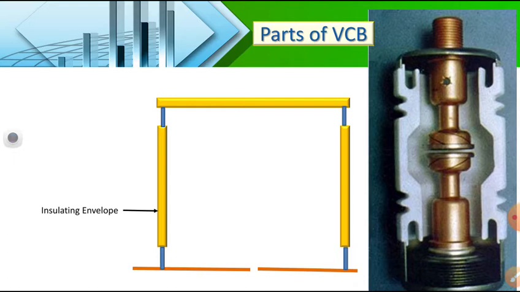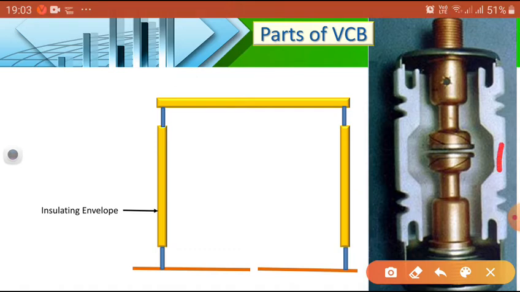It is made of glass, or sometimes we can use a ceramic material also. Glass or ceramic material is generally used. You can see the ceramic material outside here, and sometimes glass also.